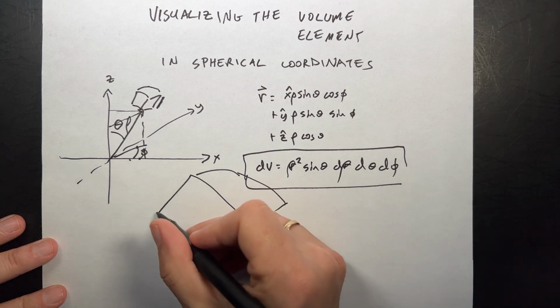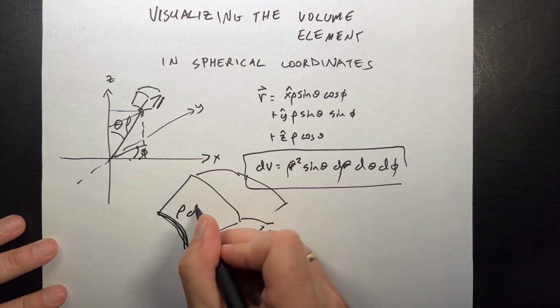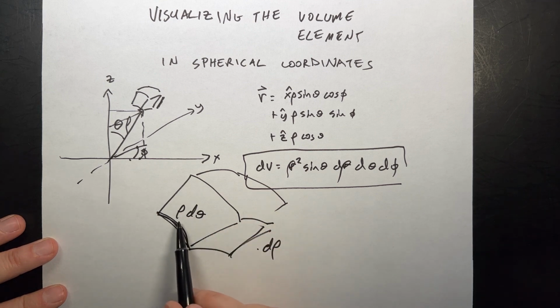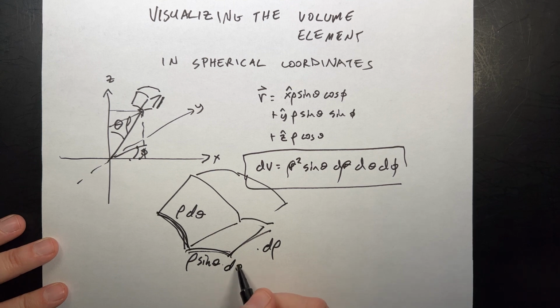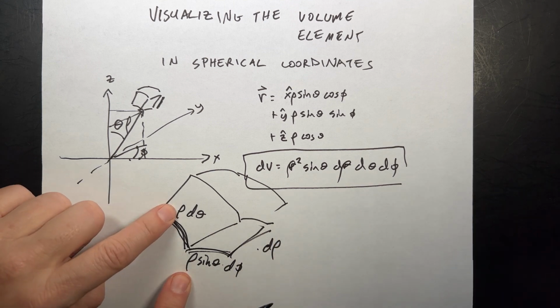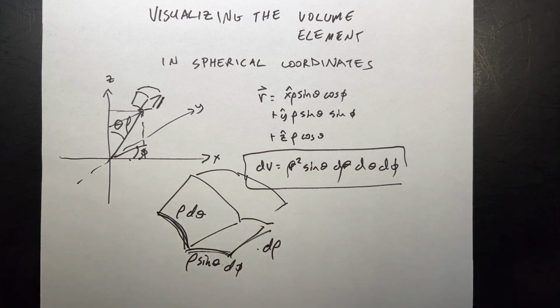If I move in the theta direction this way, the arc length is going to be rho d theta. Now, the length of this is actually a projection into the xy plane, so it's going to be rho sine theta, which is the r value, and then I have d phi. If I pull it all together, I get rho squared sine theta, with the sine theta coming from the phi direction, and there you go. But I don't really care about that. I want to draw it.